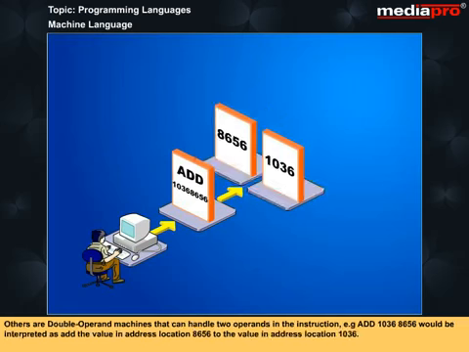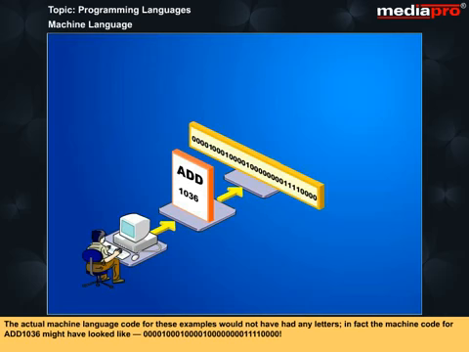Others are double operand machines that can handle two operands in the instruction. Example, add 1036 8656 would be interpreted as add the value in address location 8656 to the value in address location 1036. The actual machine language code for these examples would not have had any letters.